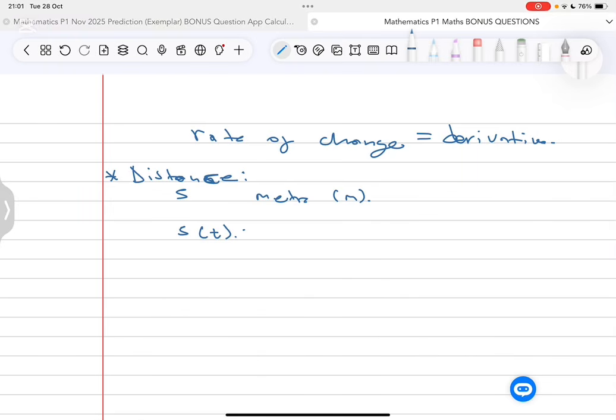If you are walking for 1 second, you will cover a certain distance. If you walk for 2 seconds, your distance increases. If you walk for 3 seconds, your distance continues increasing like that. So it's a function of time. It changes as time changes. Our time here is the independent variable and the distance becomes the dependent variable.